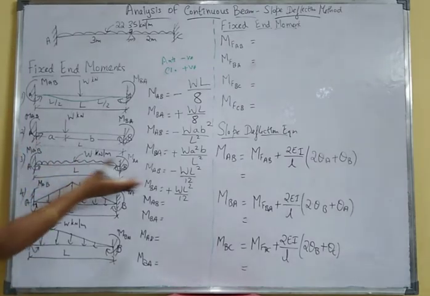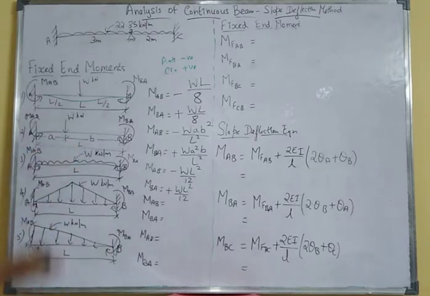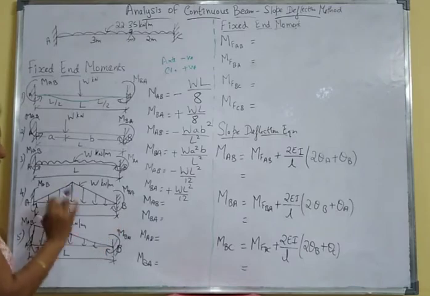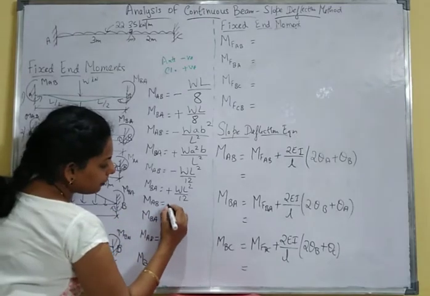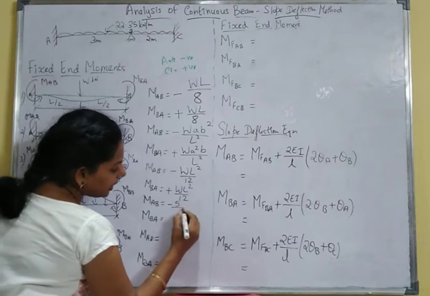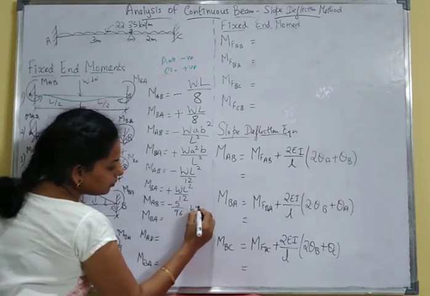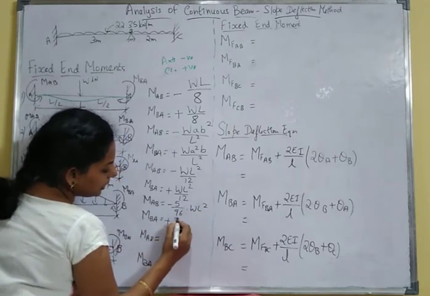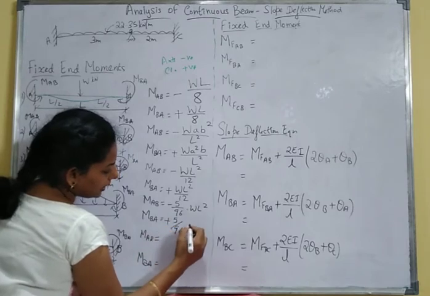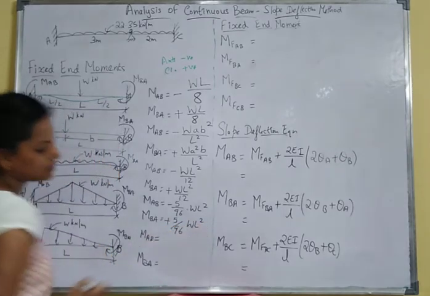If you have a triangular load exactly at the center, it will be minus 5 by 96 into WL square, and plus 5 by 96 into WL square.